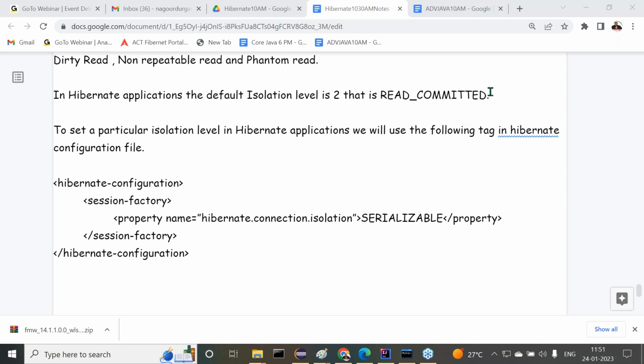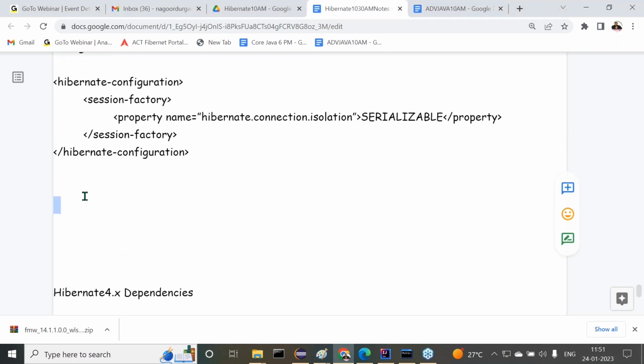After completion of these isolation levels, the total transaction management content is completed. Have we completed connection pooling mechanisms?